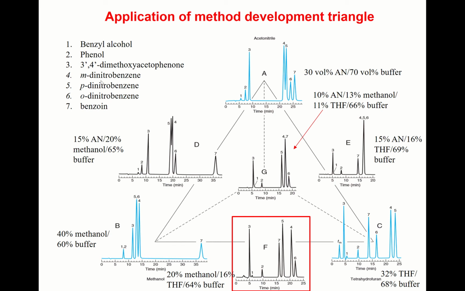This one, meta-dinitrobenzene and para-dinitrobenzene, is not well separated. So choosing acetonitrile, whatever the ratio, is not an adequate solvent. And then we move to B.